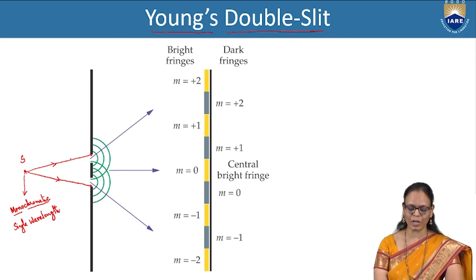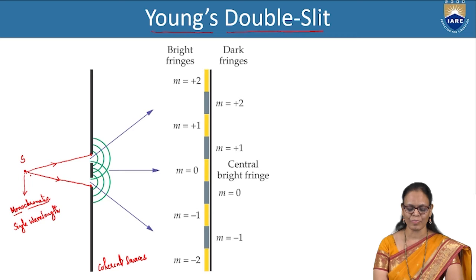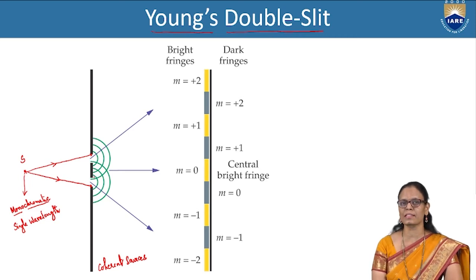Because they are equidistant, these two sources will become coherent sources. They are coherent sources, meaning they are in phase. Since the distance traveled by the light from the source S to these two slits is the same, these two slits will act as coherent sources.